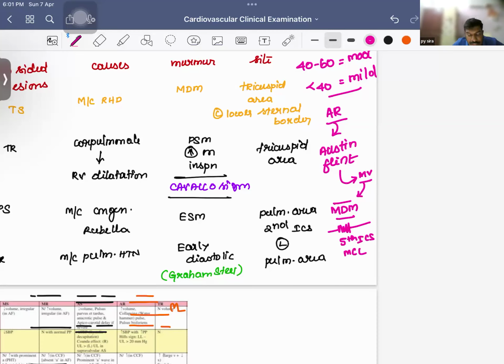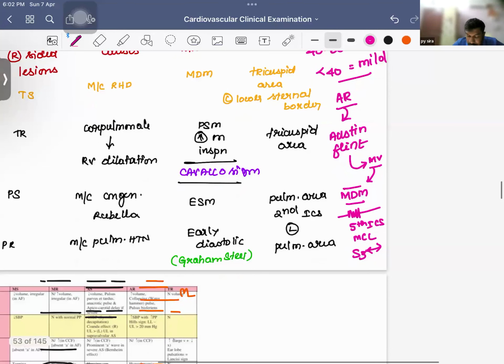This aortic regurgitation flow goes and hits the mitral wall, preventing its opening, so it becomes a mid diastolic murmur, which is called the Austin Flint murmur. It always comes after S3; you can mention that if asked. It is more detailed.